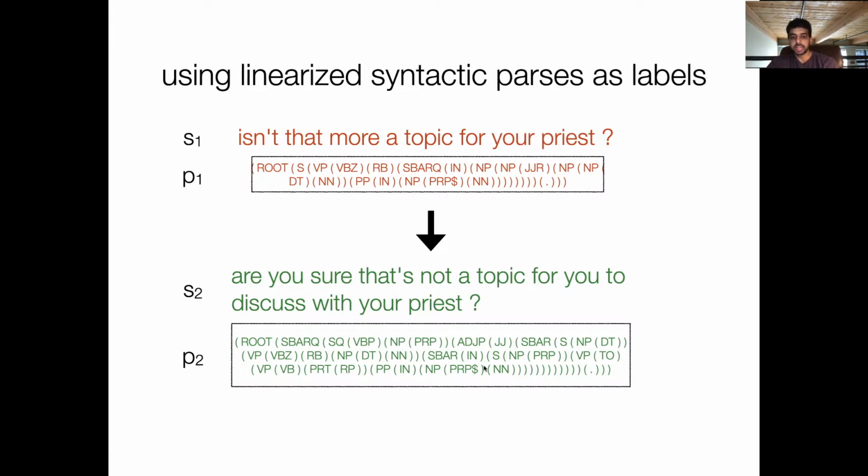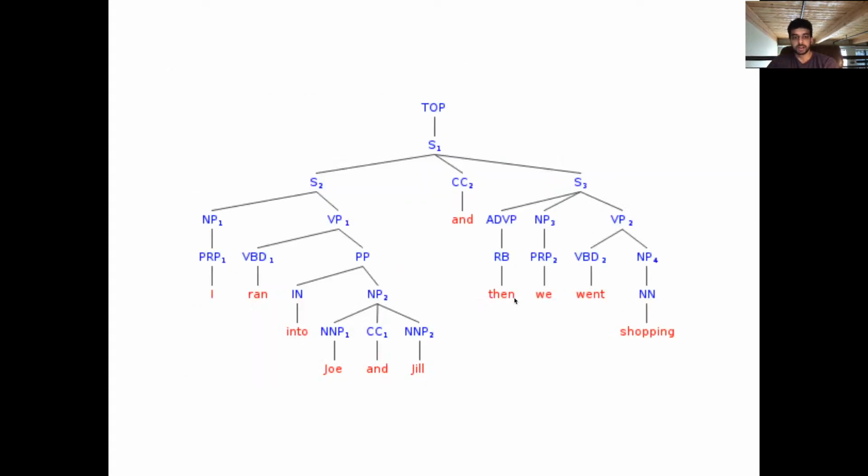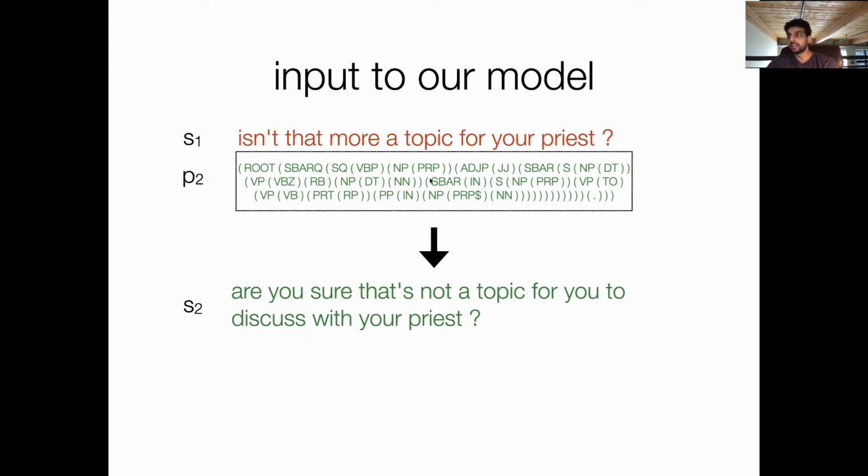So we get the tree structure of the second sentence, then we train a different model, conditioned on the ground truth parse for the second sentence, to produce the second sentence. So we always know that we have a paraphrase with this tree structure because we got the ground truth paraphrase from the back translation. That's the intuition.